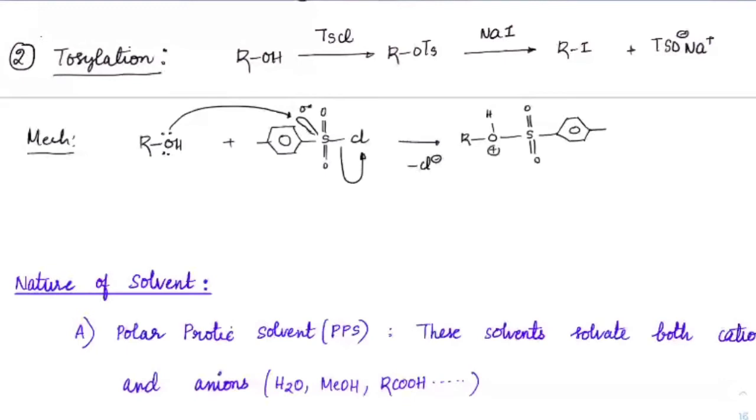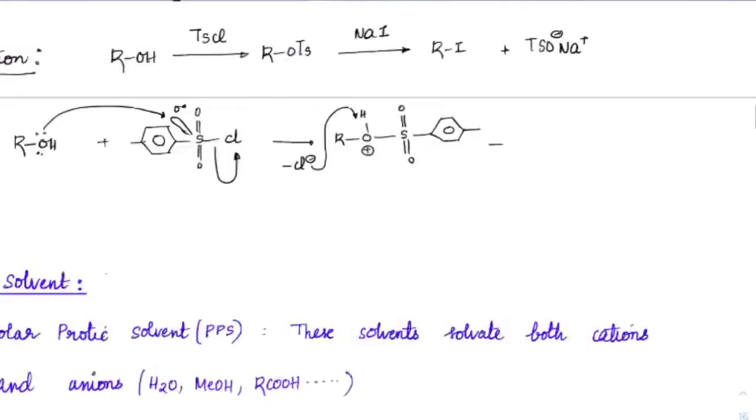The Cl minus accepts this H plus, and we get ROS double bond O with this group. Now check this carefully. What is this? This is nothing but the OTs group. So we get ROTs.